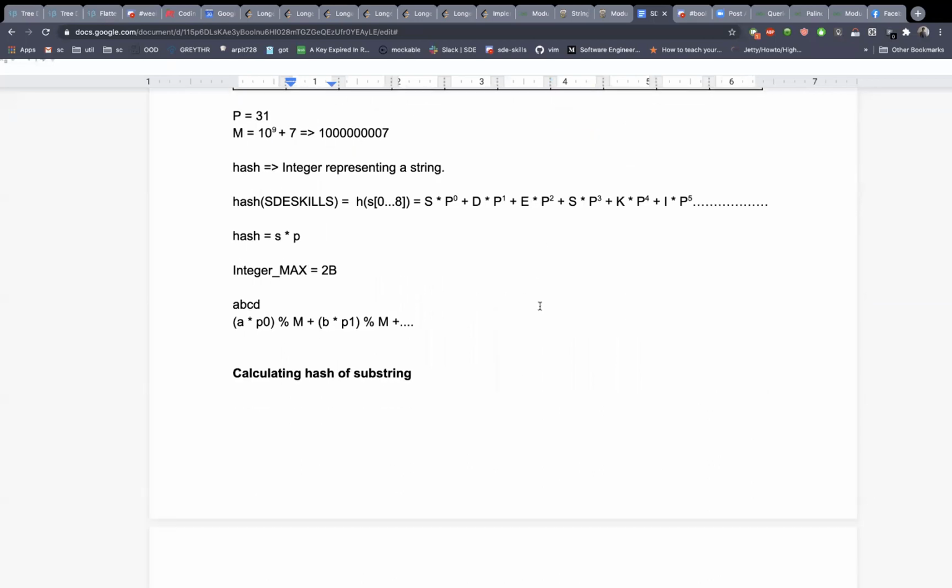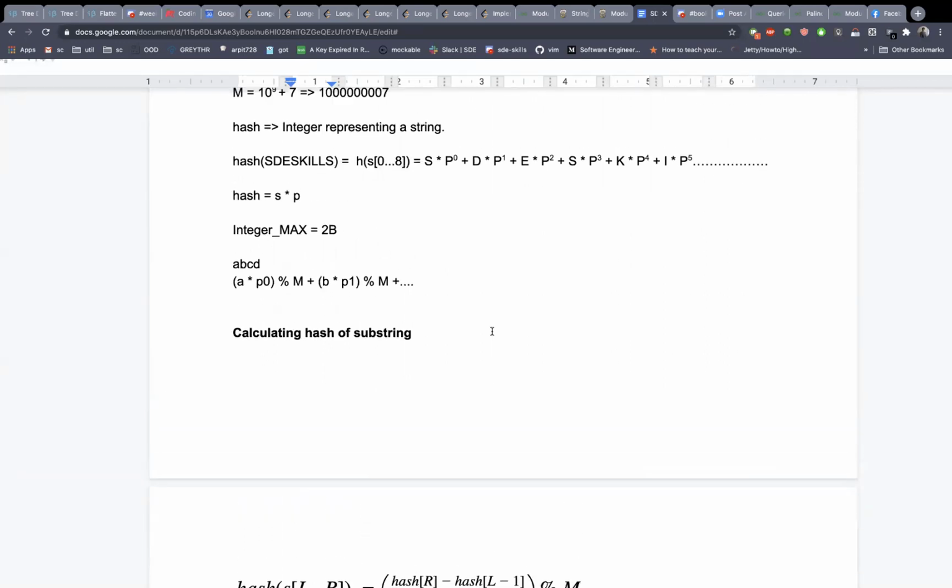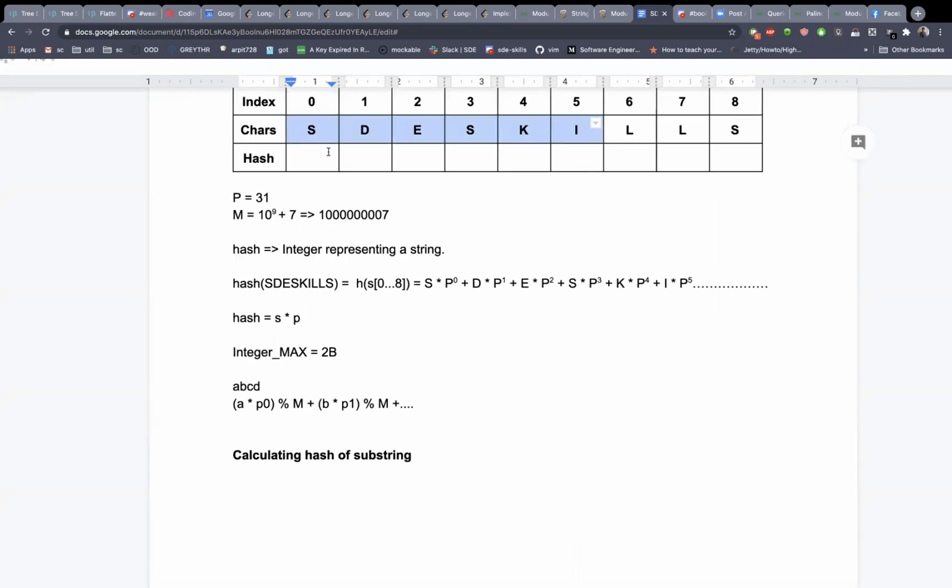Now one thing that we will need to understand, the most important thing, is this. If we calculate this hash array, let's call them h0, h1, h2 and so on; it will be from 0.